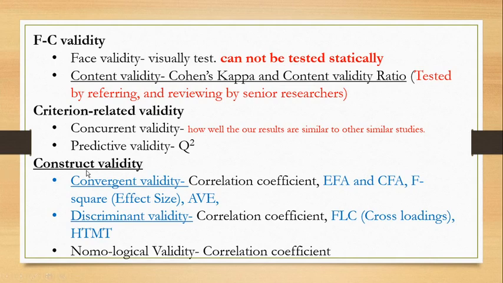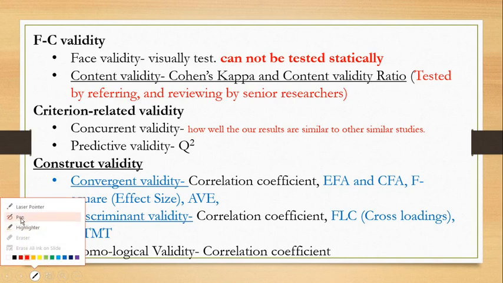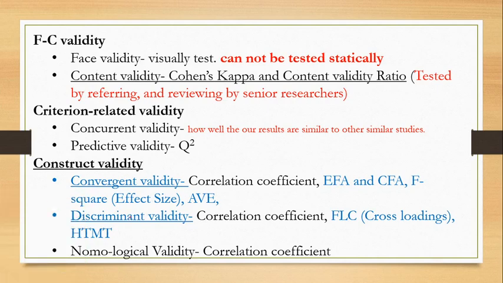Then we have construct validity, which is most commonly used for all the research papers, and they go for the convergent validity as well as the discriminant validity.